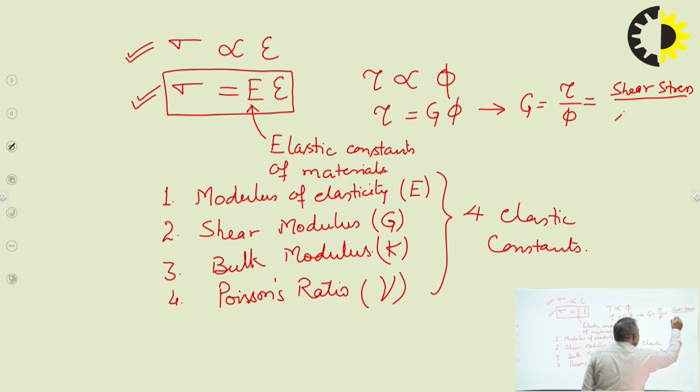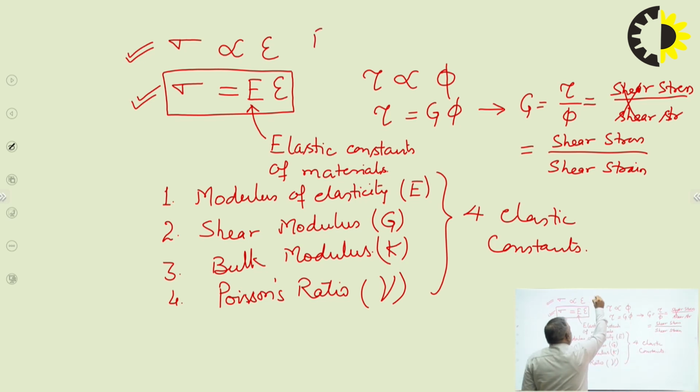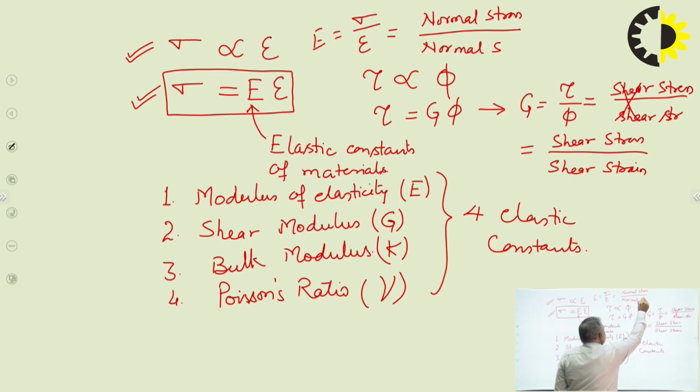As for modulus of elasticity, E is equal to sigma upon epsilon, that is normal stress upon normal strain.